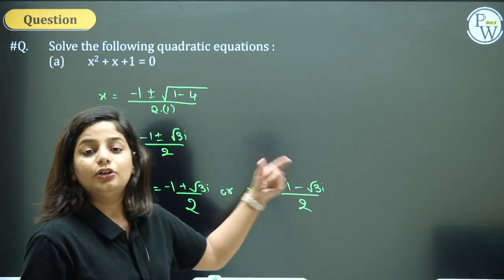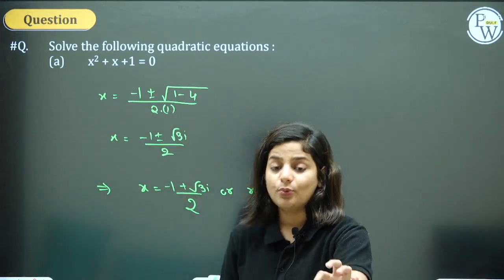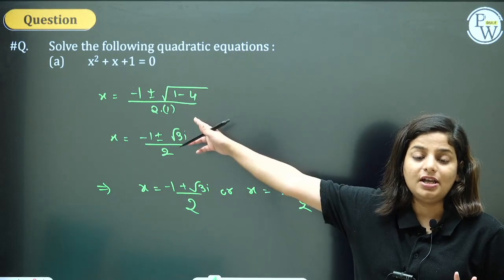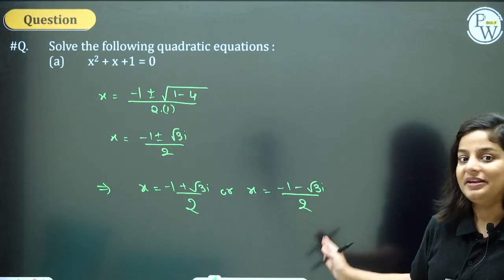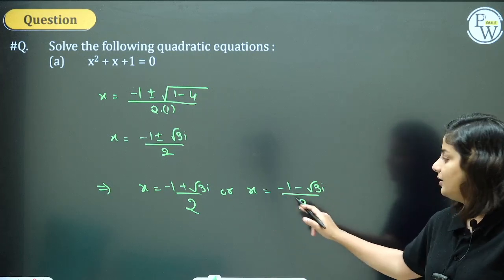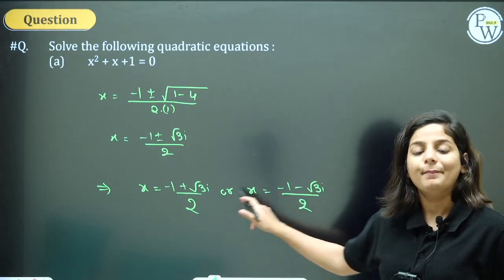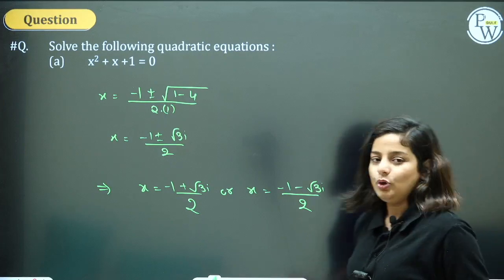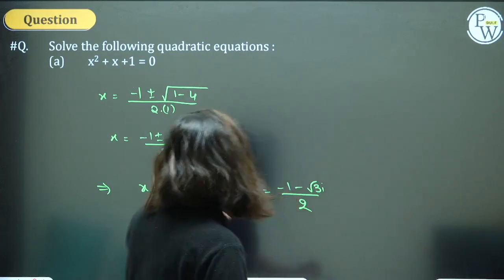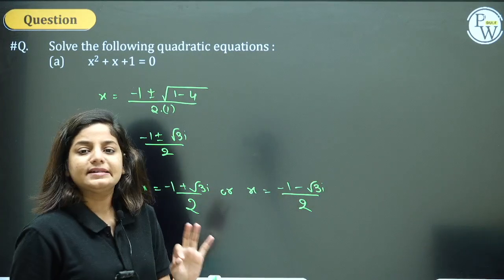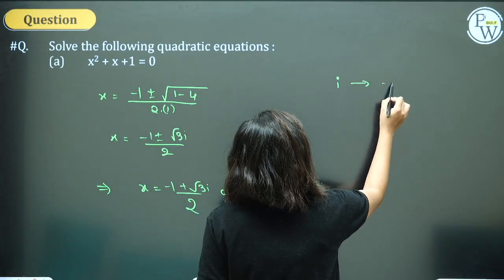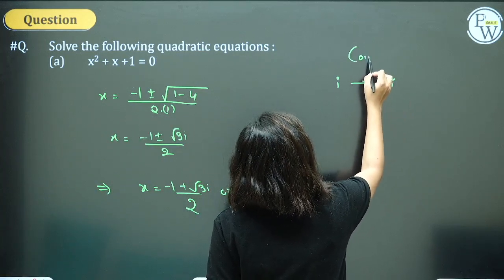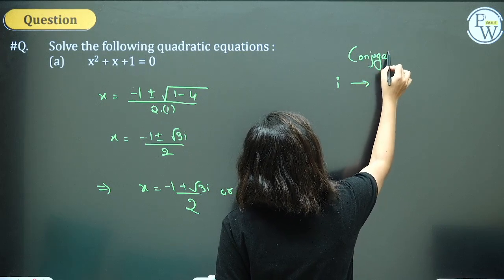Can you see the 2 roots, the 2 solutions of the quadratic equation, which are not real? They are unequal and they are imaginary. One more thing to notice here: the only difference between them is the sign of i. Whenever i changes into minus i, they are known as conjugates of each other. What are they known as?